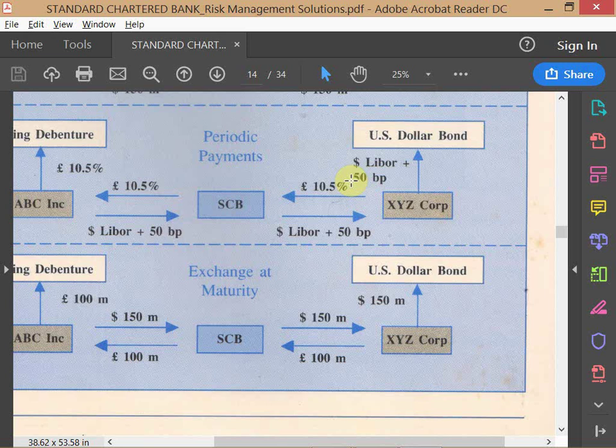They want a liability profile which is fixed rate sterling. So they engage in what is called swap driven issuance. They issue floating rate debt in US dollars, which they can afford to issue when the pricing is good, and then use a cross currency IRS to convert their liability profile to what they want.